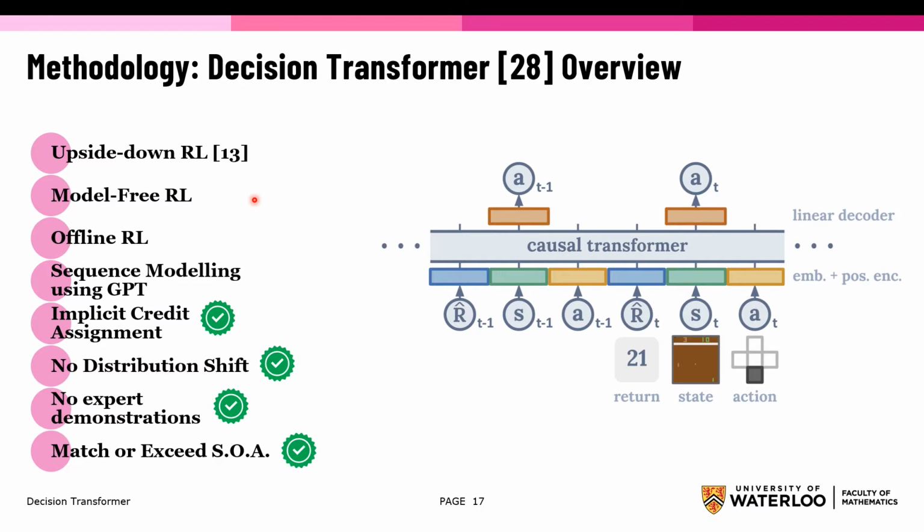It is a model-free offline architecture that uses sequence modeling with the GPT transformer, and the method shows that it can solve the credit assignment problem implicitly, has no distribution shift or extrapolation error, requires no expert demonstrations, and the evaluation shows that the results match or even exceed some of the state-of-the-art model-free offline traditional RL algorithms. But how do they do that?